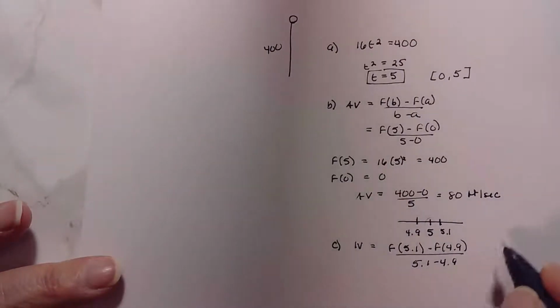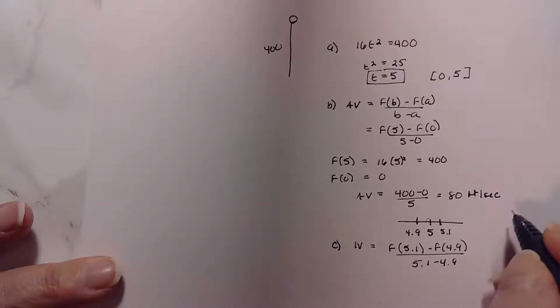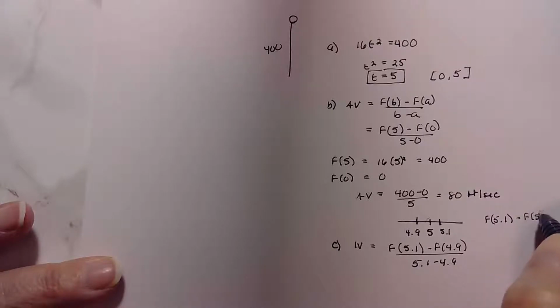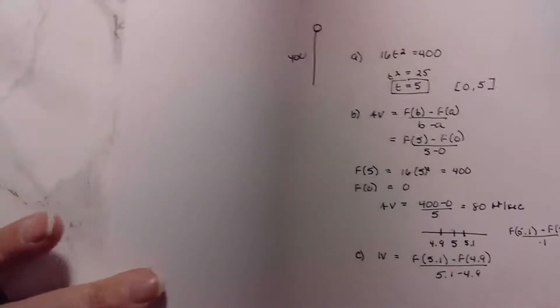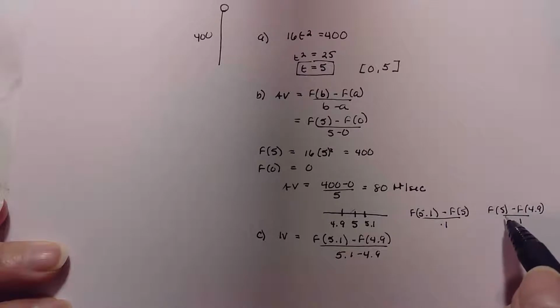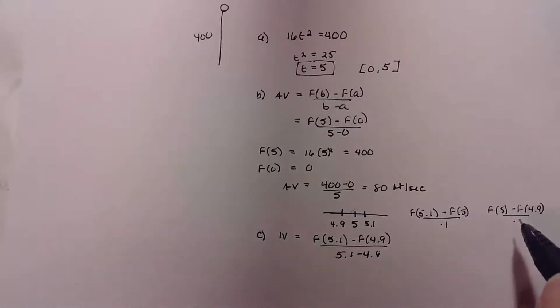The other thing you could do is f of 5.1 minus f of 5 over 0.1, and f of 5 minus f of 4.9 over 0.1, and you can compute these two here. And once you get the values for each, just like we did in the first problem, add them up, divide by 2, and get the answer.